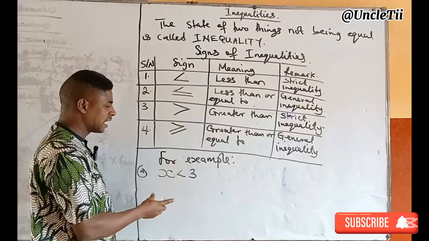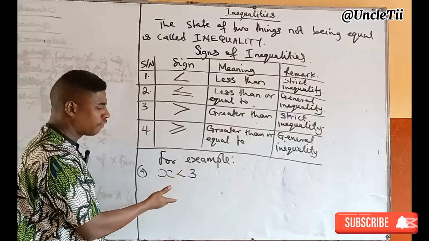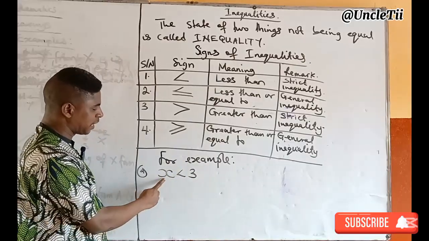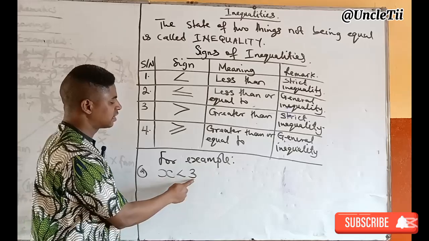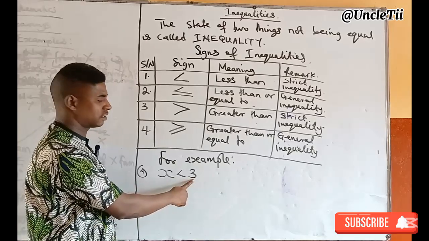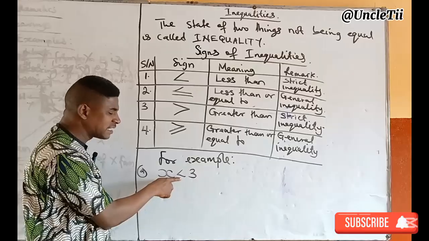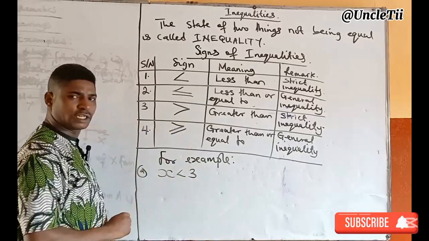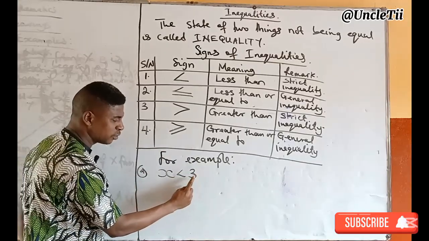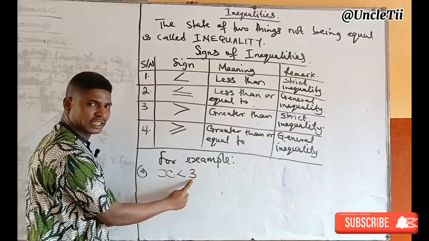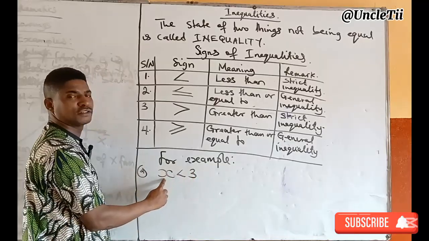So it means that a part of the set of numbers that make up this x, 3 is not a part of it. That's what makes less than a strict inequality. It is telling you that this value here, 3, is not a part of the solution set.